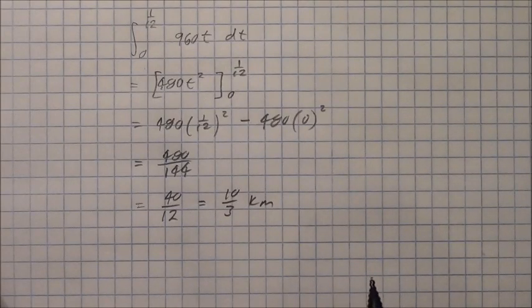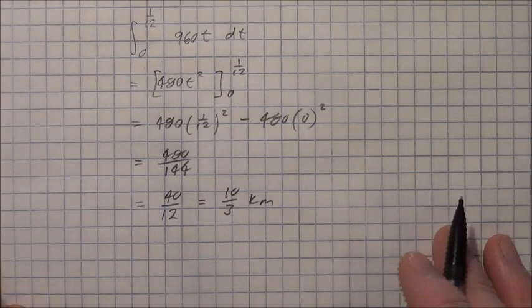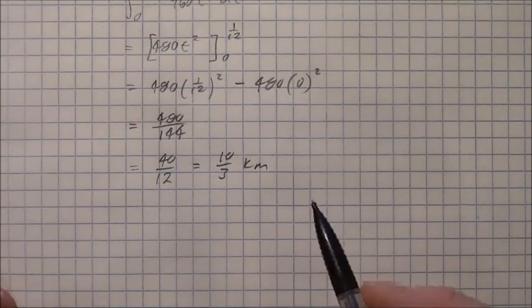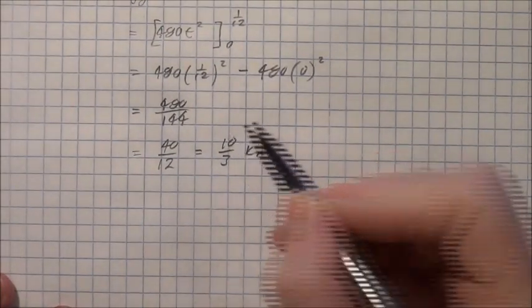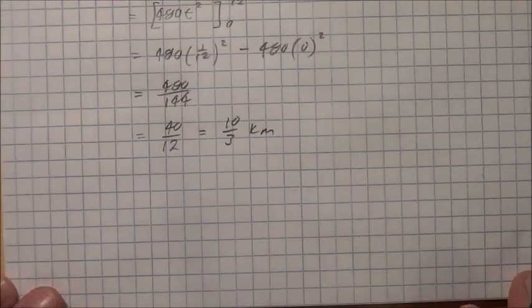Okay, so I've demonstrated a couple of times how the area under a velocity-time curve gives us the distance. We need to, of course, be aware of a couple of instances.